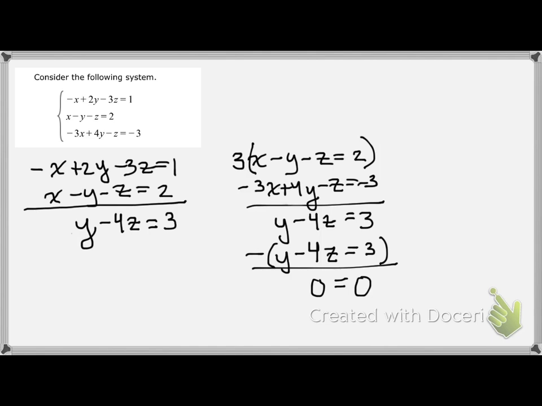Now, since the y is sitting here by itself, I'm going to choose the y. I'm going to solve for the y. So I'm going to say y is equal to 4z plus 3. Now, I could use either variable, but I just use the variable that is the most convenient.